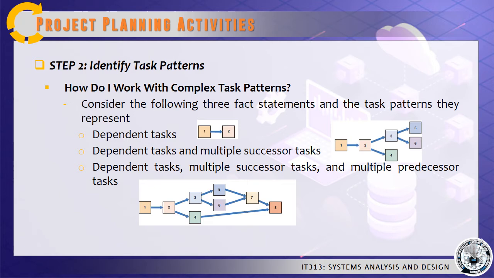When task 3 is complete, start 2 more tasks, task 5 and task 6. When tasks 5 and 6 are done, start task 7. Then, when tasks 4 and 7 are finished, perform task 8.